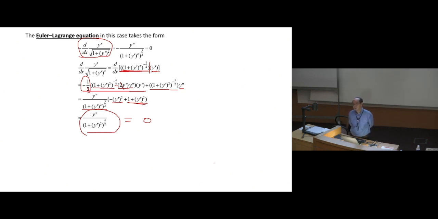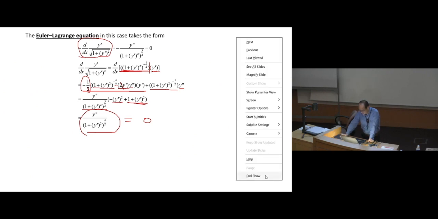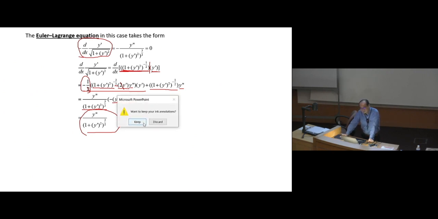What does that mean? It means first order derivative is constant. It must be a straight line, right? It must be second order derivative is 0. In that way, you know how to solve that equation, right? You only have the first order derivative.